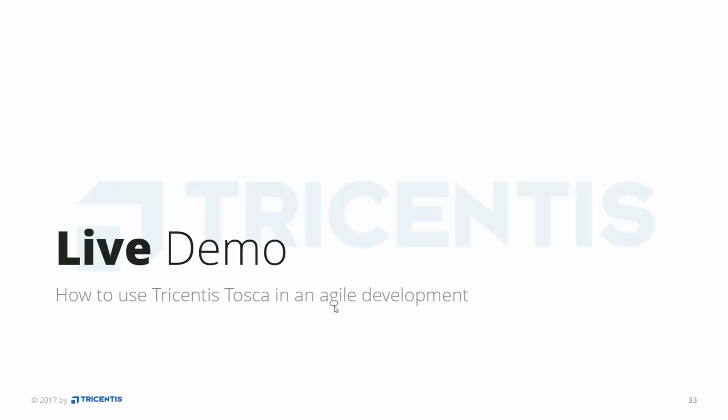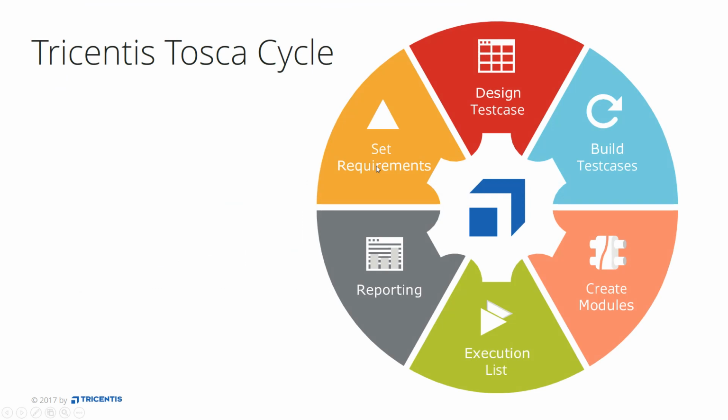Maybe you have already seen this before. So it's really about the Tosca cycle. You see all the sections in here. We just started with the requirements, test case design, test cases, execution list. We skipped the modules because modules is always a little different. The module section is always about how your product looks.